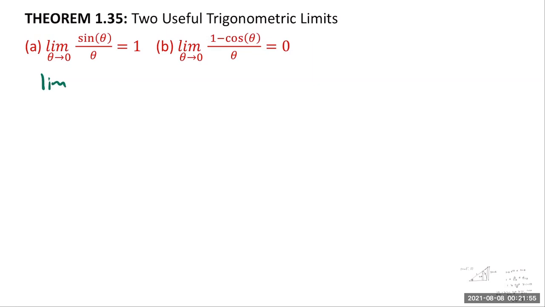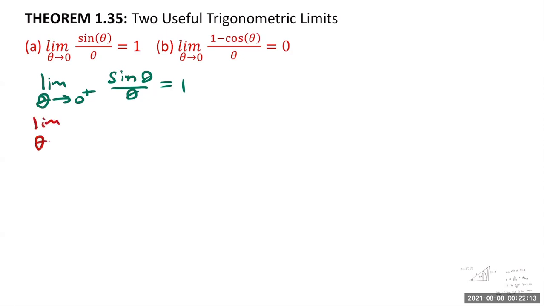To prove the first part, I'm going to show the right limit case only. As theta approaches 0 from the positive side, I'm going to show you that sine theta over theta is equal to 1. Similarly, we can show that the left limit is also 1.